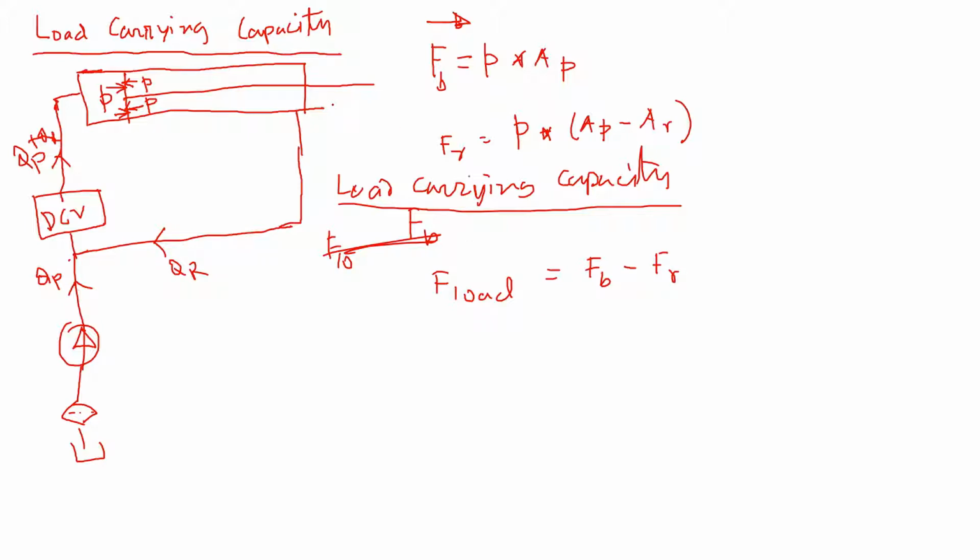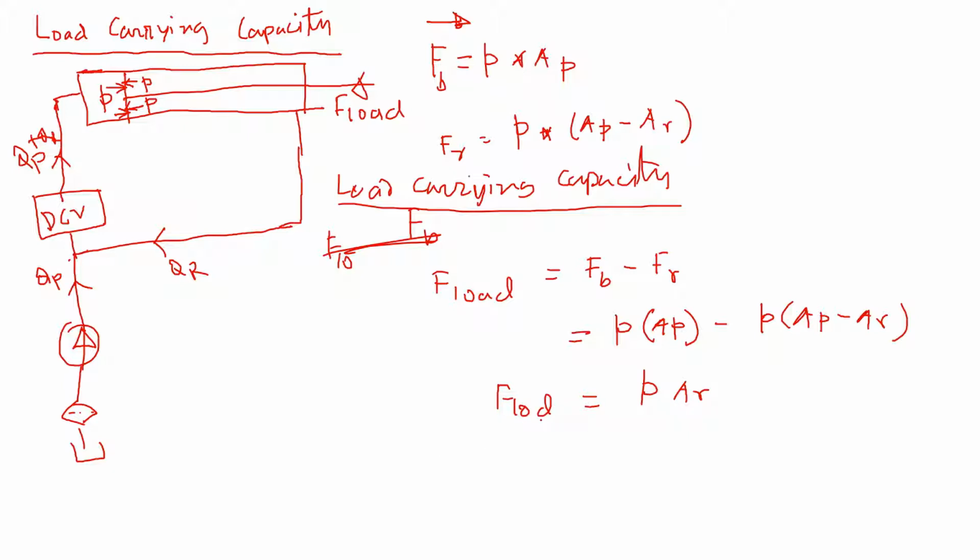That would be the resultant F load, this way. So here, if we put all these in, P minus the rod end force is this. If we simplify, it's going to be P times AR, and that is the load.